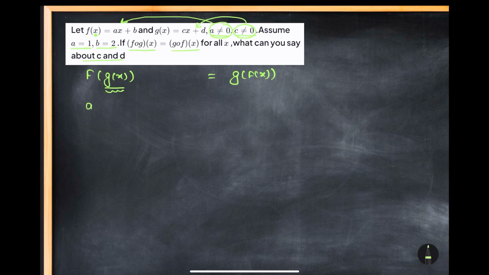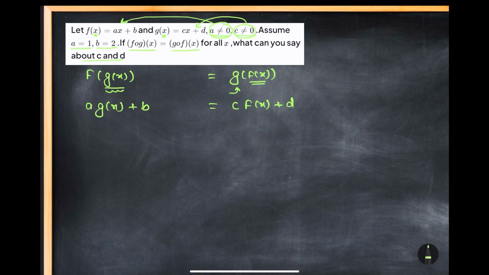Means you have to write a times g(x) plus b, and in the function g, you have to replace x with f(x). This means c times f(x) plus d.